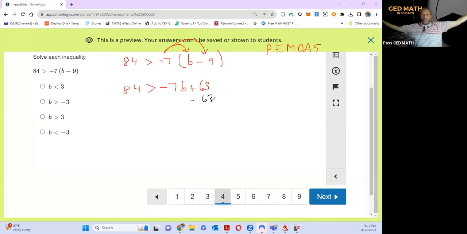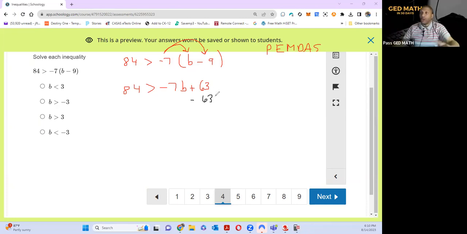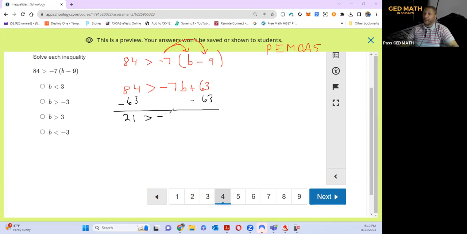So think of an equation. If I add 5 pounds to this side, I got to add 5 pounds to this side for that equation to be balanced. So if I subtract 63 on this side, I must also subtract 63 on this side. Right. So we can get 21 is greater than minus 7b.